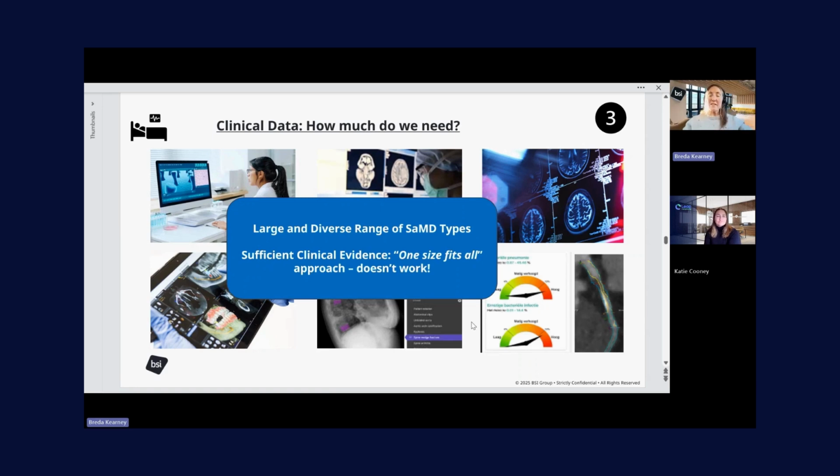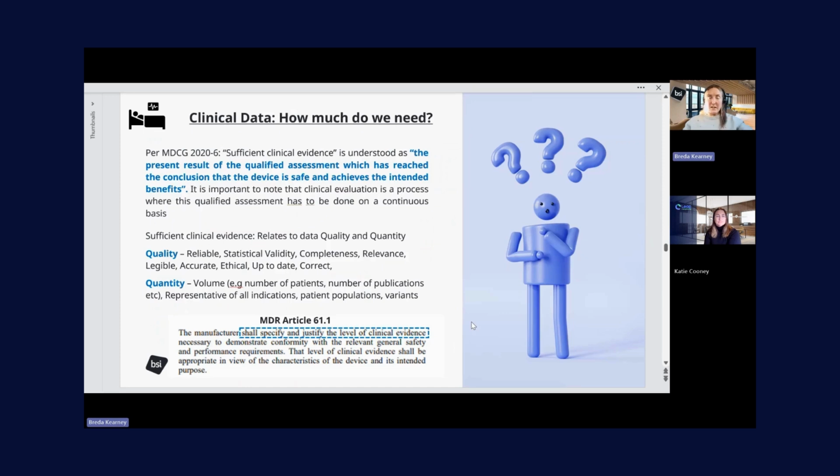It really depends on the type of device. It depends on your intended purpose. It depends on the classification. It depends on how it's going to be used in the clinical care pathway and so on. I have a couple of examples that I'm going to show you, just showing different types of devices and how much clinical evidence was actually provided.